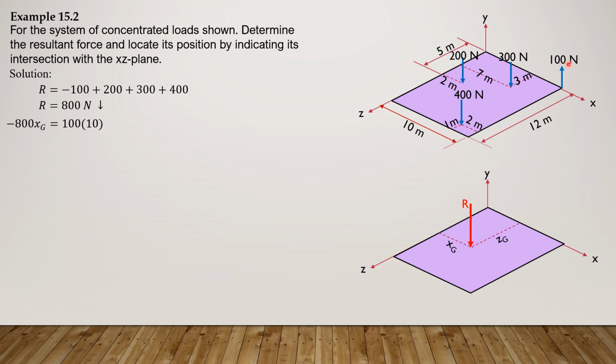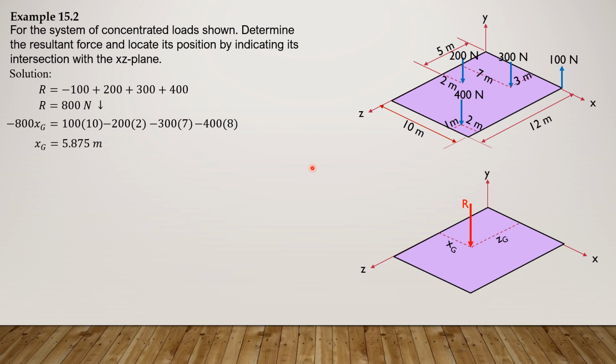So 100 is positive by the right thumb rule about z. Then the rest will be negative. So 100 times 10 minus 200 times 2 minus 300 times 7 minus 400 times 8, because this is 2, so 10 minus 2 is 8. So minus 400 times 8, so x sub z is equal to 5.875 meters.